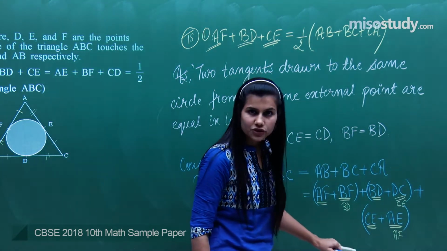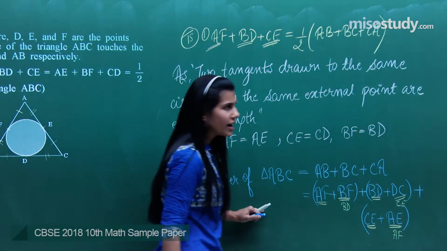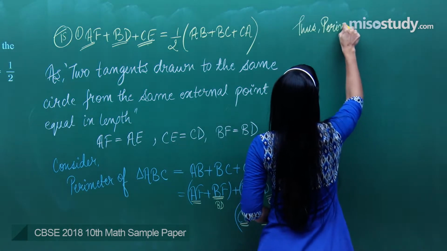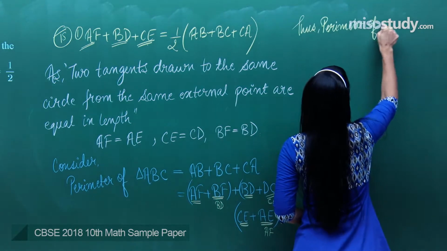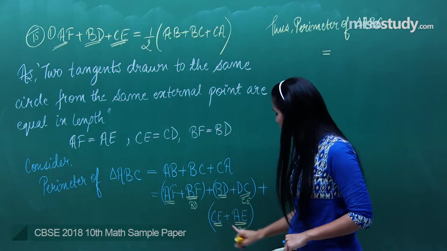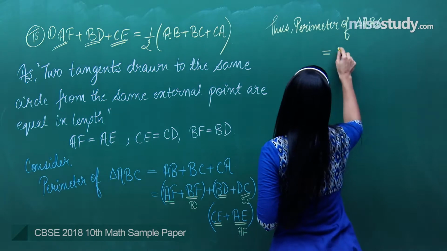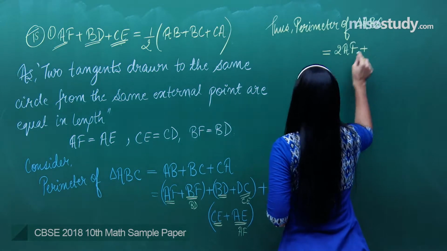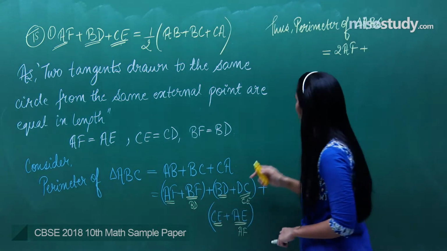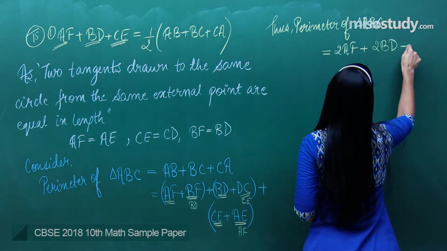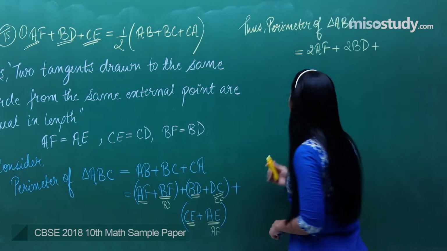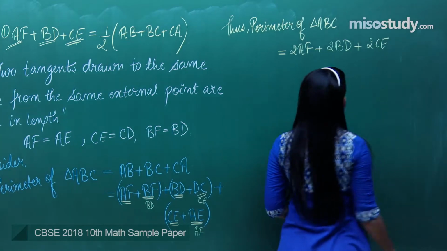Now after doing all these replacements, the perimeter of triangle ABC will turn out to be AF plus AF, which means twice of AF, plus BD. Now BF will be replaced by BD, so BD plus BD will be twice of BD. Then CD replaced by CE, so you will have CE plus CE, which is twice of CE.